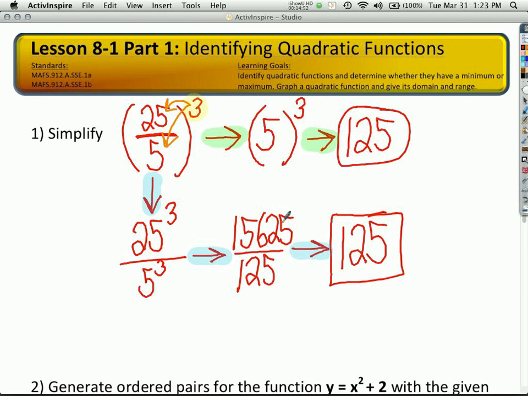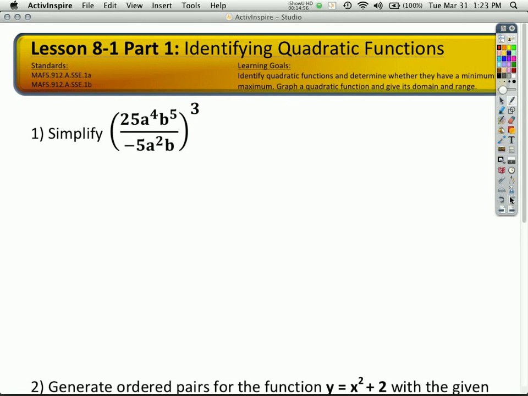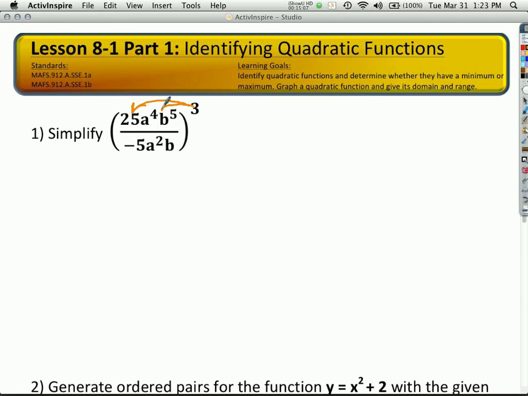So now watch this. Let's go back to the original question. What approach did you take? Because my experience has been so far with many of my students that a lot of people try to apply the exponent to everything and either messed it up or it became very confusing.